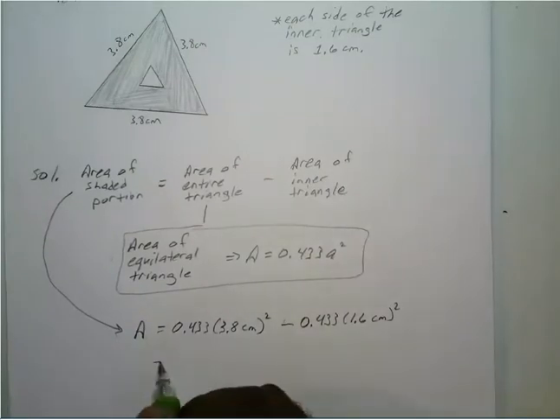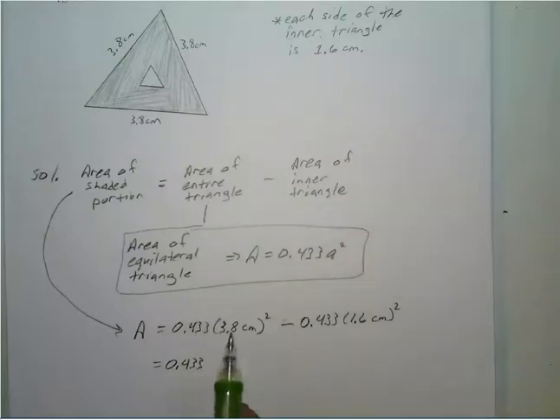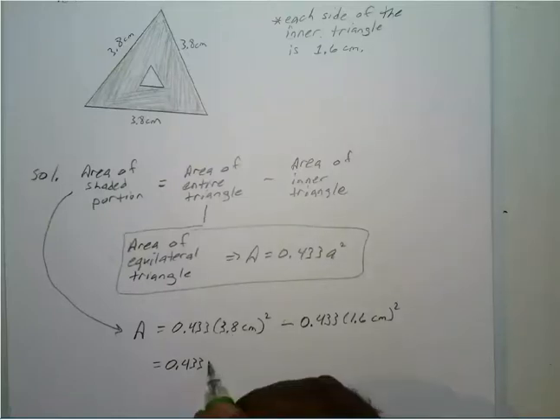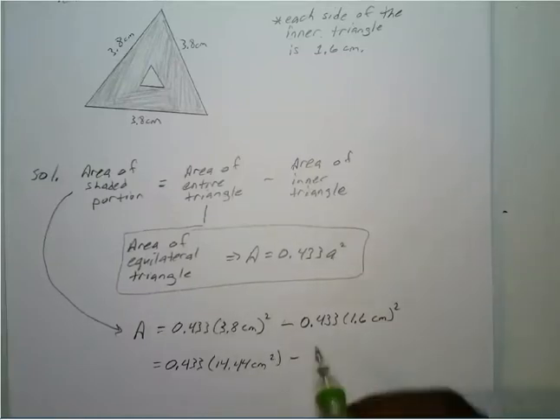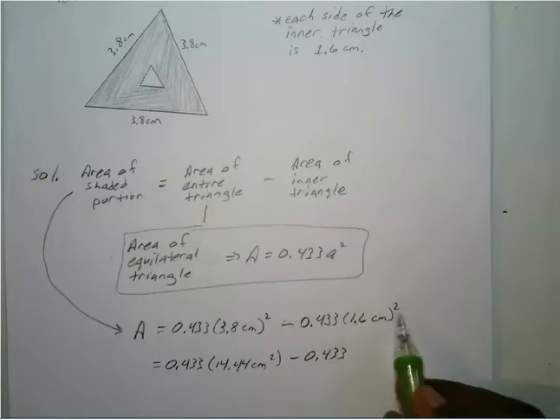Okay, so this is going to equal 0.433. Remember, 3.8 centimeters squared is 3.8 times 3.8. So that will be 14.44 centimeters squared minus 0.433, 1.6 squared. Remember, that's 1.6 times 1.6.